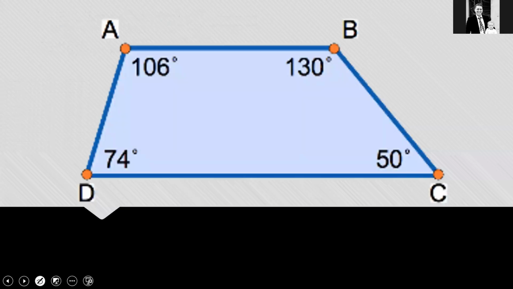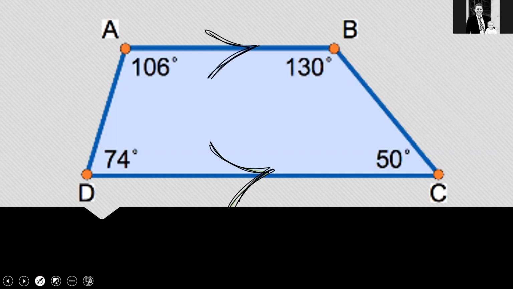Now let's talk a little bit more about trapezoids. Now, like we said before, the top and bottom lines, or your two bases, to speak more accurately, because sometimes they're side to side like we saw in the last problem, have parallel sides, which means that we are always dealing with consecutive interior angles.